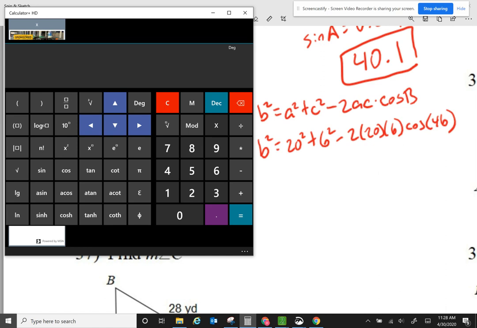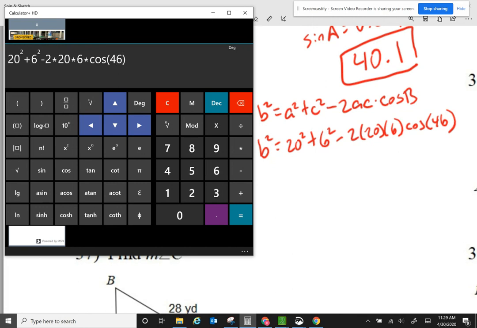All right, so let me just go 20 squared plus 6 squared. Notice I'm literally just typing it all. Minus 2 times 20 times 6 times cosine of 46.